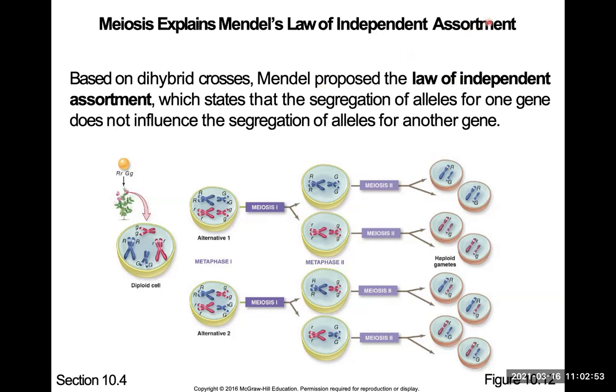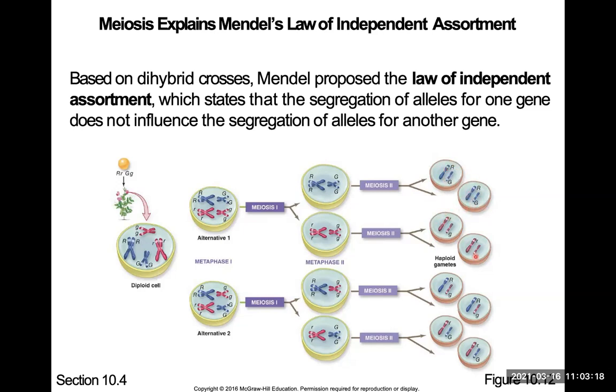So based on a dihybrid cross, there was a law of independent assortment, and we went over this last time too. The law of independent assortment says there's one gene on each chromosome. During meiosis, they mix, and then by random chance, there are different alternatives for each.